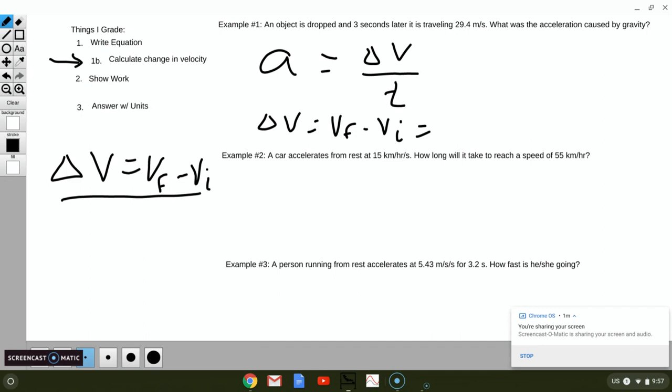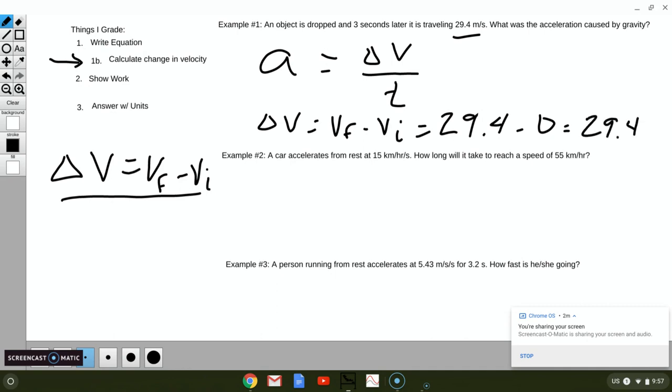The final velocity is 29.4, and you'd be subtracting what it started at. It doesn't come right out and say it, but if you drop something, it's going to start from rest. So it'd be 29.4 minus 0, and the change in velocity is 29.4.